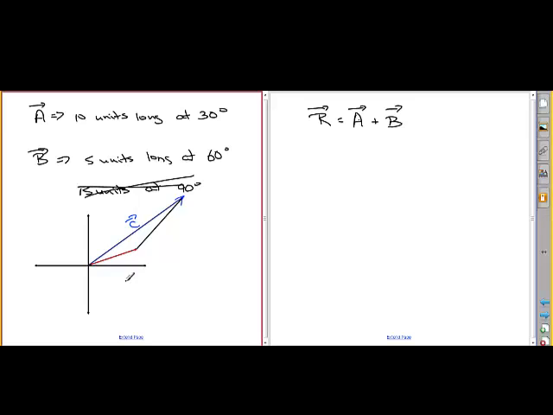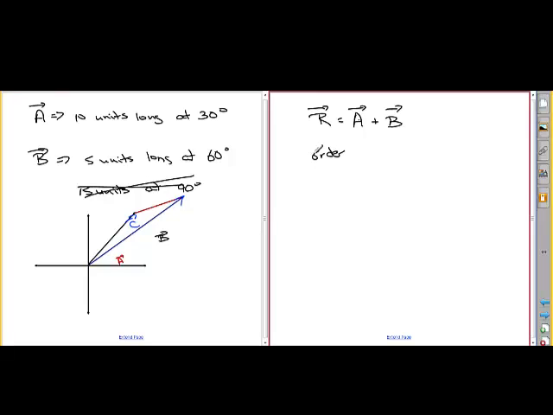So this would be vector C, and this would be vector A, and this would be vector B. So A plus B is done graphically as such. And I'll leave C there just to show if we take B plus A, we get the same resultant vector. So it doesn't matter. We can just say order's not important.